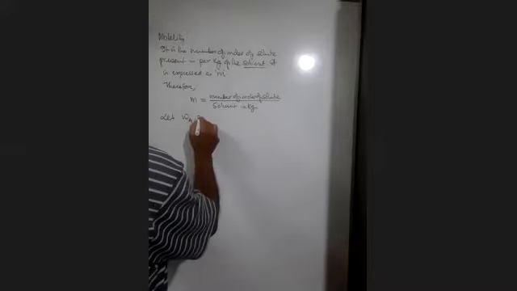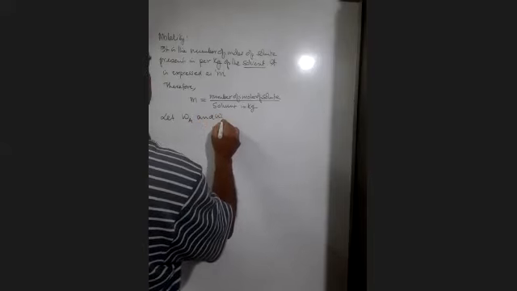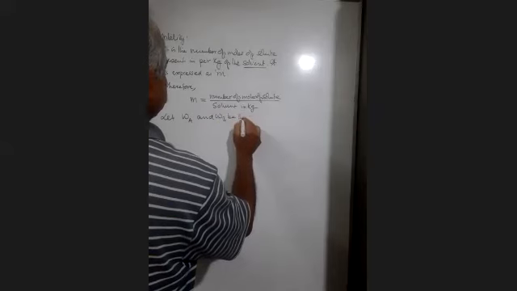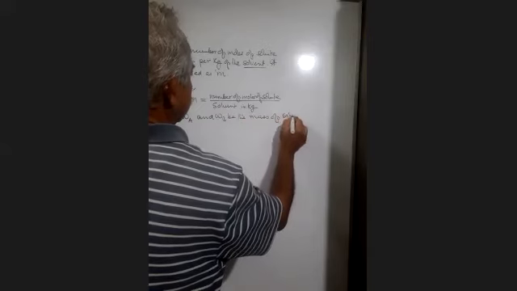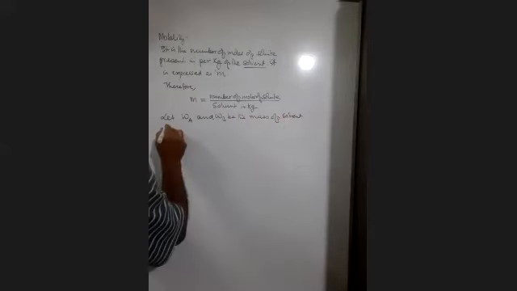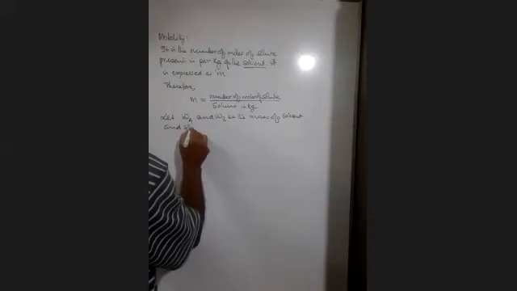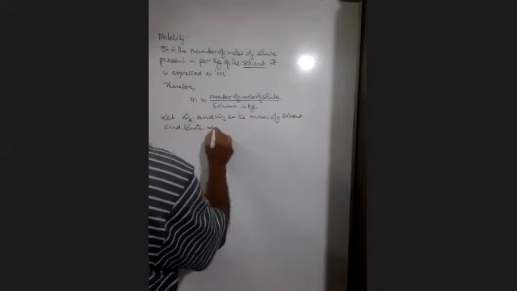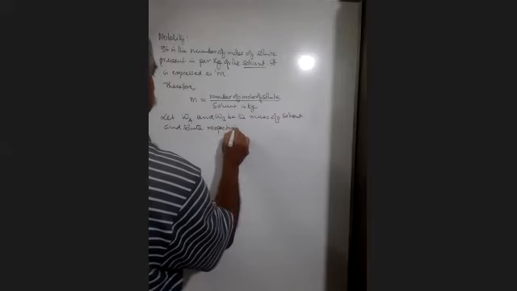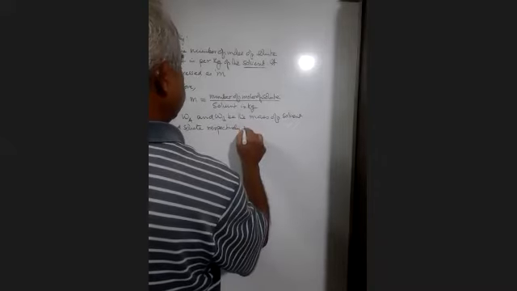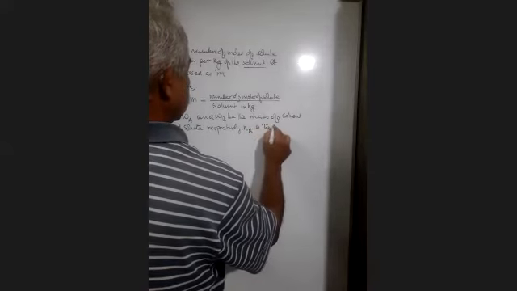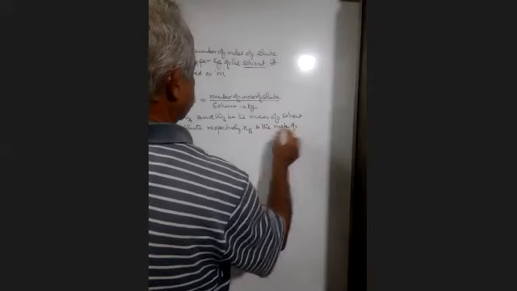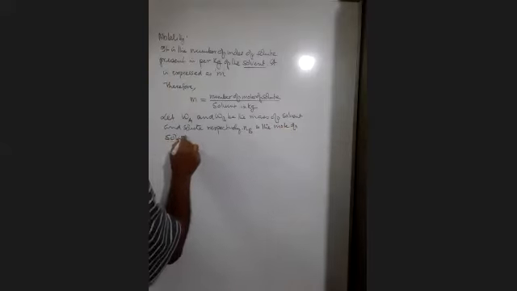Let WA and WB be the mass of solvent and solute respectively. nB is the mole of solute. All right.